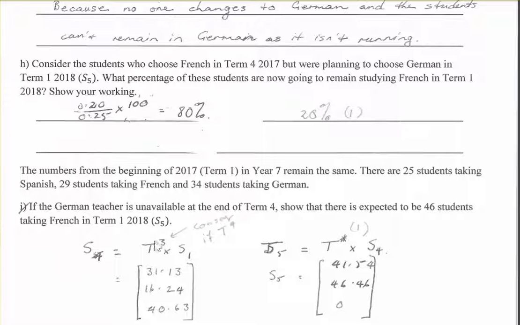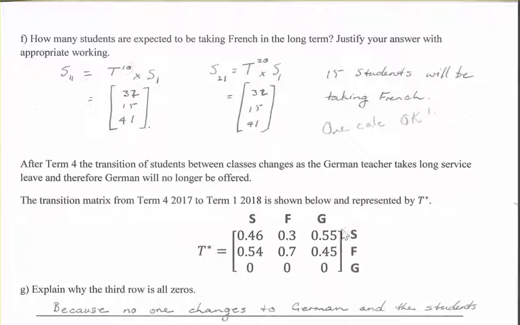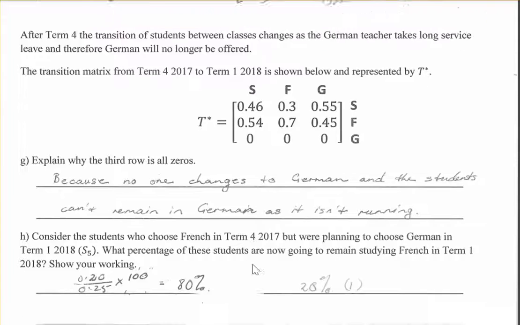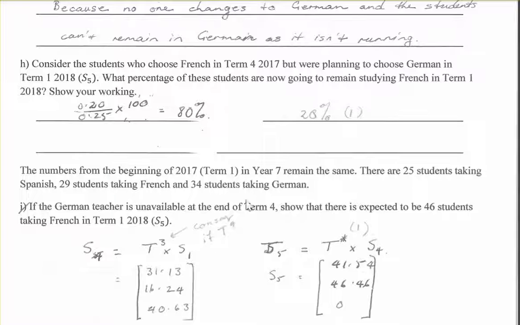Well, the transition matrix changes. So you've got to work out what S4 is first. And then for the next transition, you're going to have to use this transition matrix because German's not offered. So to get from S4 to S5, you just multiply S4 by T star. This is what I've done here. T star times S4 gives you S5.